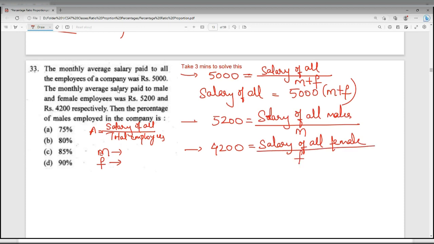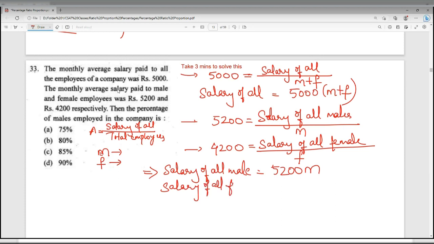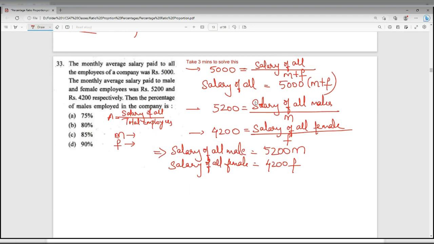And from this we have salary of all male is equal to 5,200 into M, and salary of all female is equal to 4,200 into F. So when we add these two salaries, we get the salary of all.